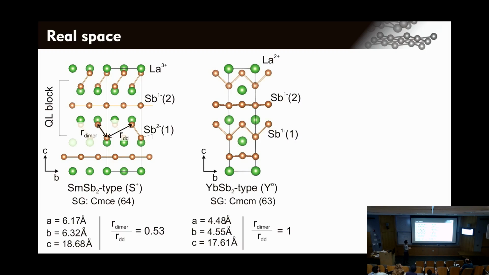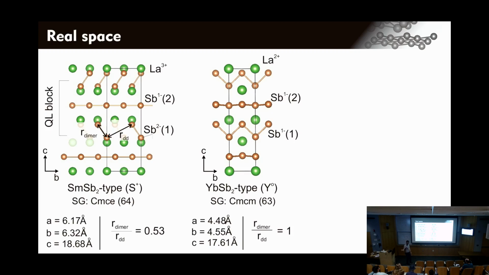Now, if I think about lanthanum 2+, which is the case of the ytterbium-type structure, I put 1 electron into this square net here, and the other electron into here, and this would prefer to form chains now. Instead of forming these dimers, which would like to split apart, it would form a continuous chain. So now this R dimer over RDD is just 1 because they're all equidistant from each other.